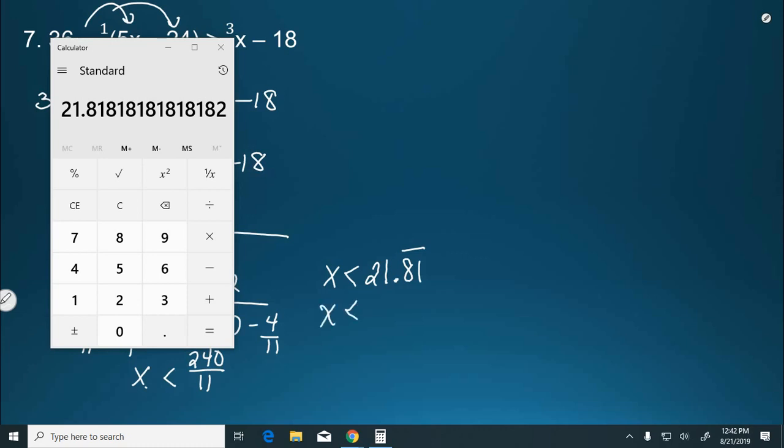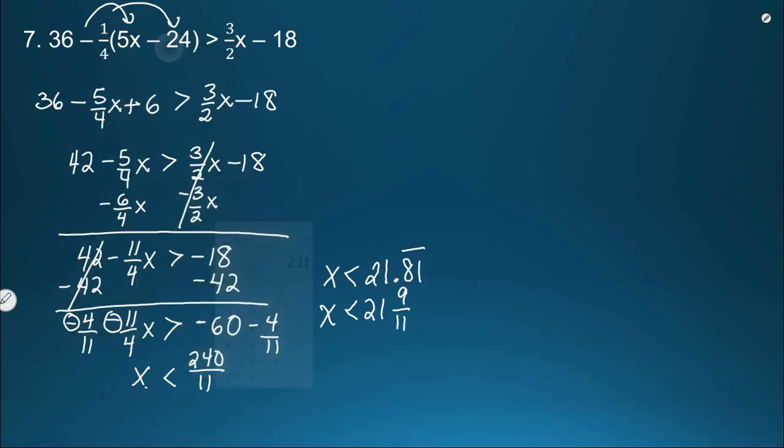Oh, that didn't work. That's not what I meant to do. 11 times 21 is 231. 231 to 240 is 9. So there was 9 left over. So it's 21 and 9/11.